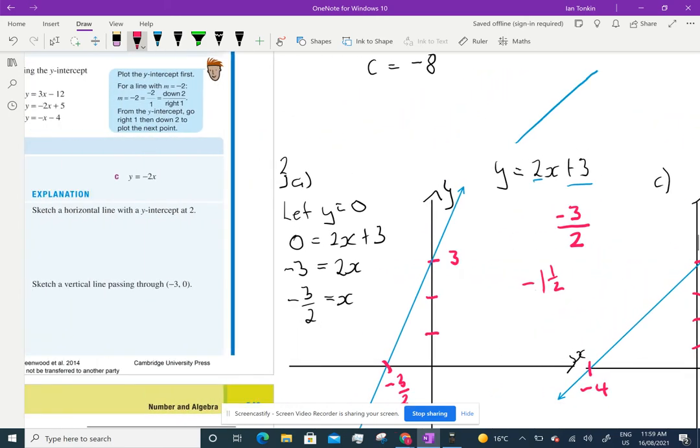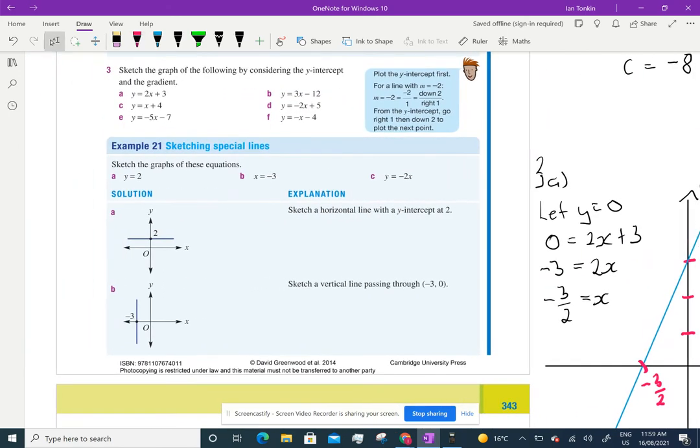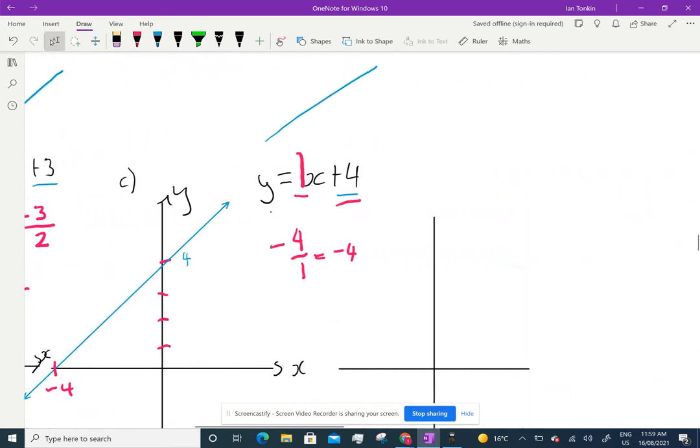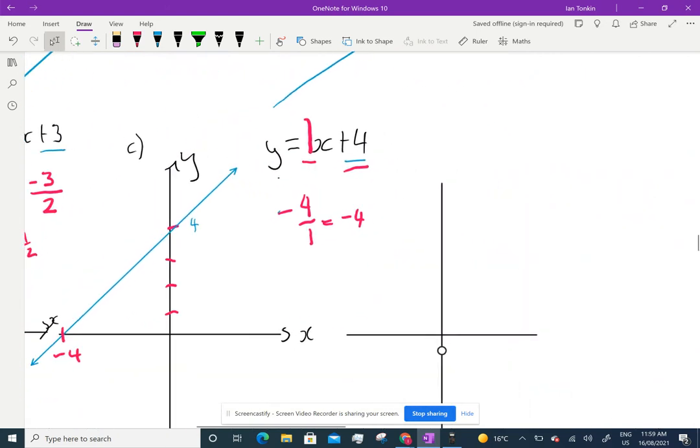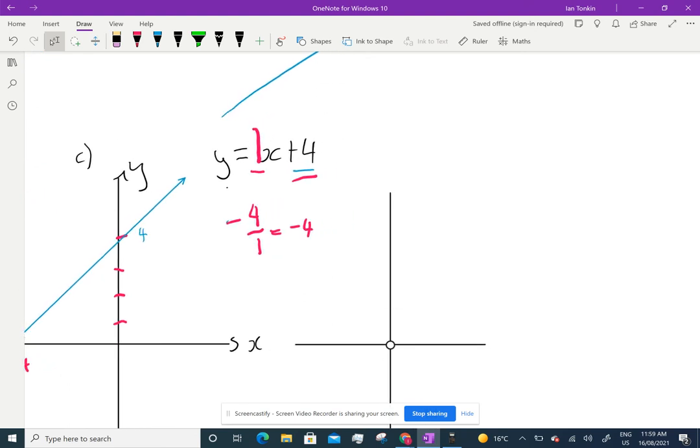The last one I want to do, -5x minus 7. And I might want to move this, if I can. I can't move it. It's going to be hard to do this one here because it's so close to the other one. Label your axes, y and x.